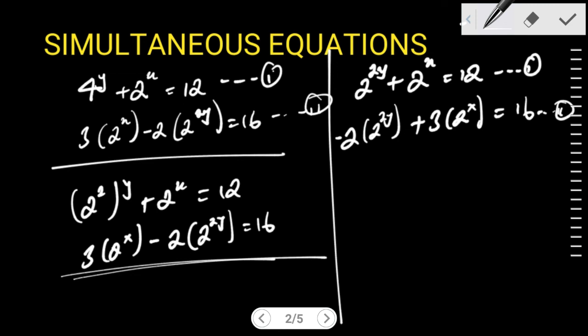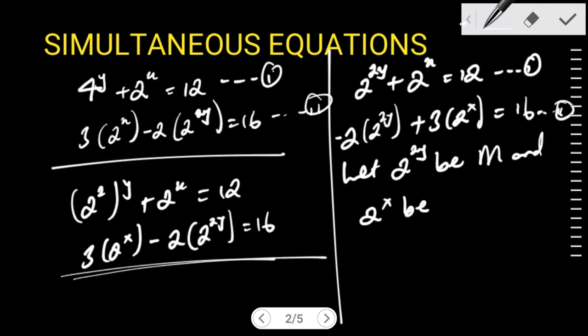Having all that, I say let 2 to the power 2y be m, and 2 to the power x be n, and they all work. Therefore, if I represent these in both equations, I have 2 to the power 2y, which is m, plus this 2 to the power x, which is n, equals 12.